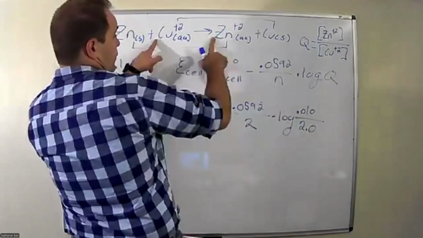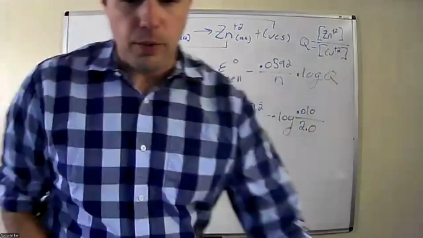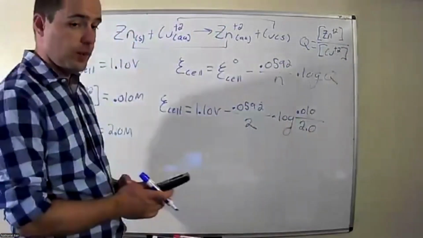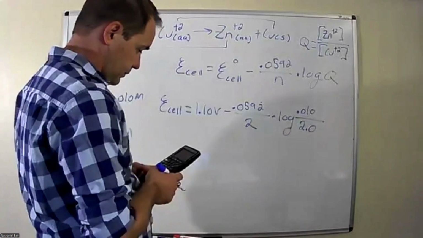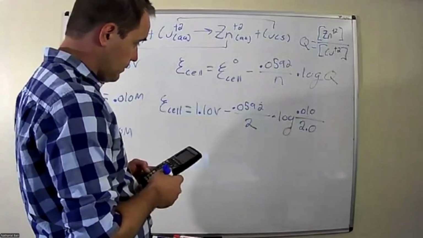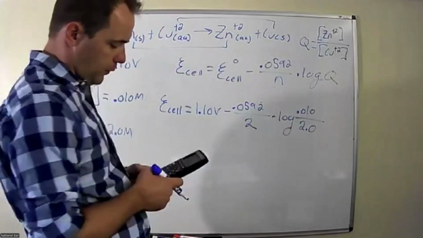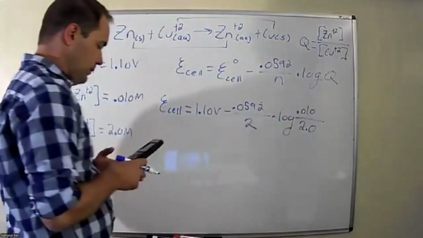And luckily, since the coefficients are 1, they're all to the first power, so you don't have to worry about that. Now we're going to pop it in there and see if we get that 1.17, which was on the slide. Watch out for order of operations. We want to do all that before, you know.